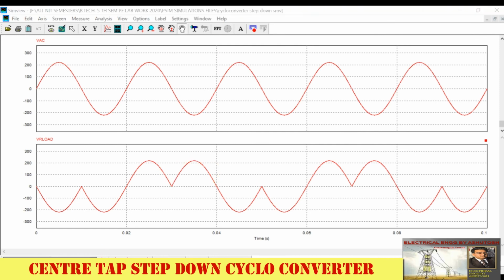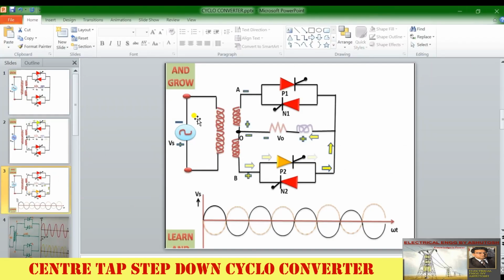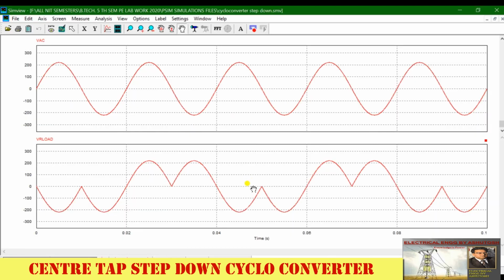Okay, and what happens during another half cycle? Okay, so during another AC cycle, N1 and N2 are triggered, and you can see the waveforms. These are triggered during another AC cycle, and negative half cycles we get from the supply.